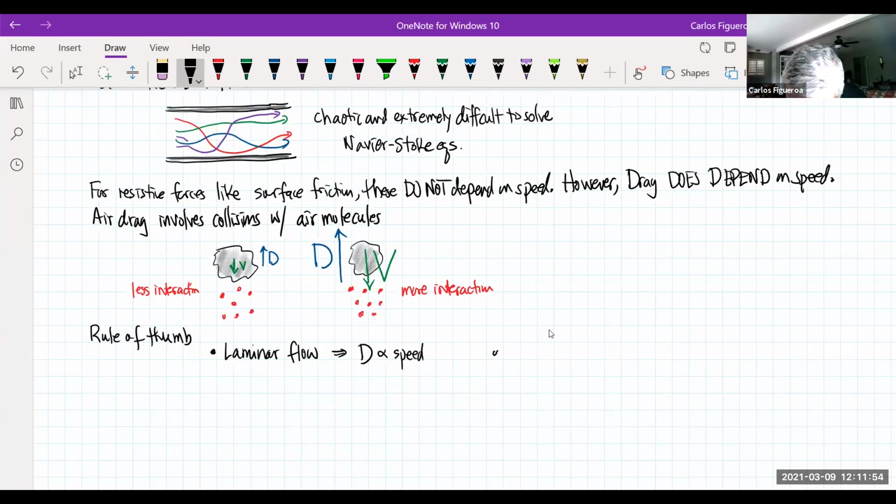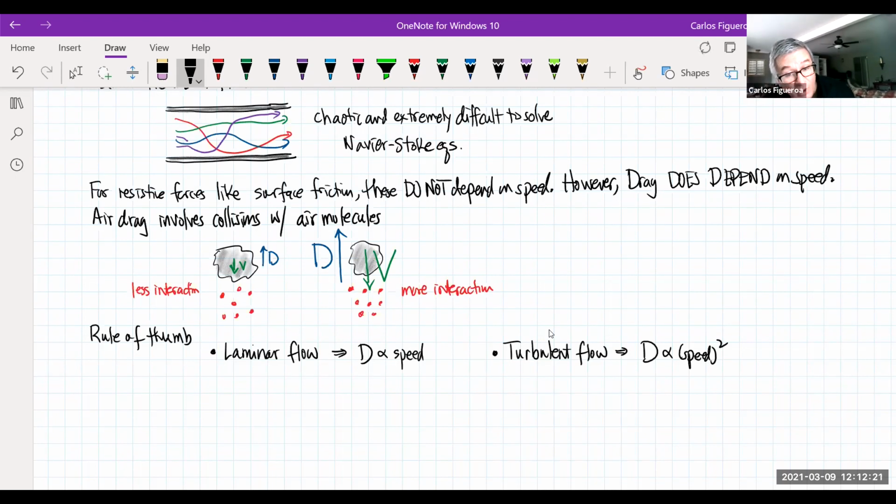But if you have turbulent flow, this drag changes, and it depends on speed squared.